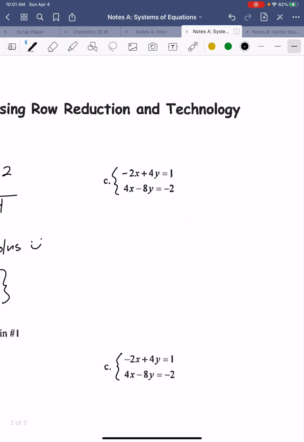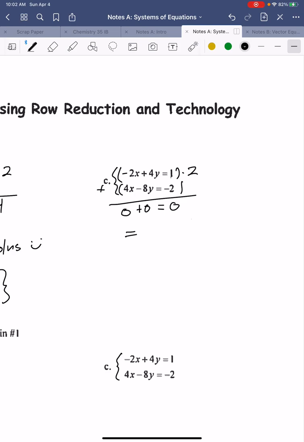So let's do the next one. It seems like we can use the same method as before: times 2 plus the bottom. So it gives us 0 plus 0 equals 0.